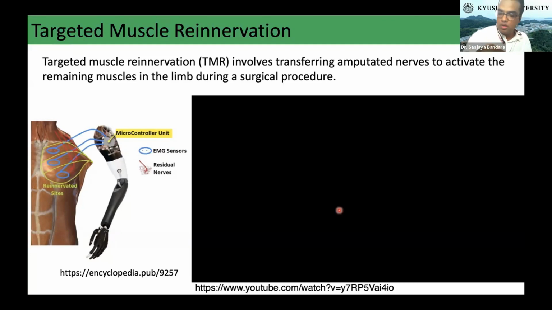So what we can do is de-innervate these neurons and then re-innervate them at some part of the body where we don't use much, for example, the chest muscles. We don't use these chest muscles a lot. So we can surgically change the muscle path to the chest. And then we can measure EMG from the chest muscles to understand the motion intention.